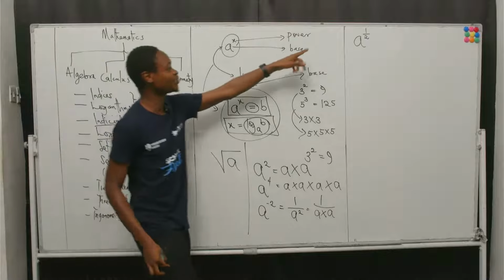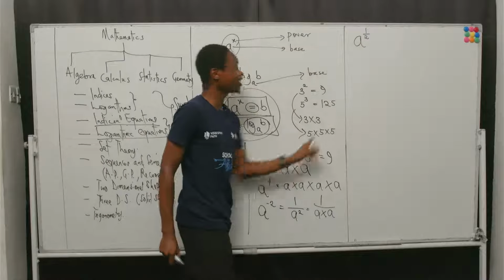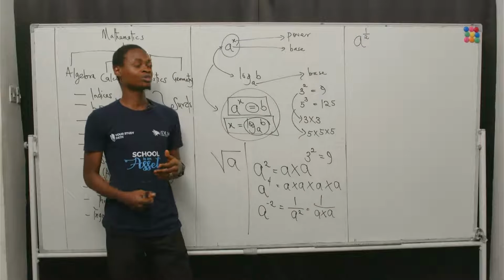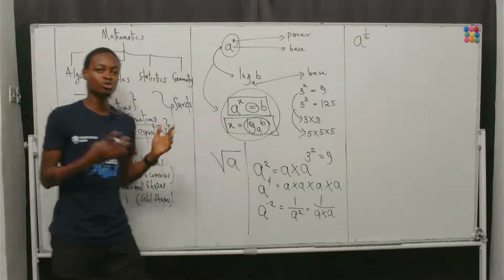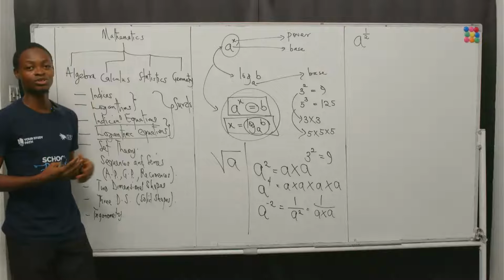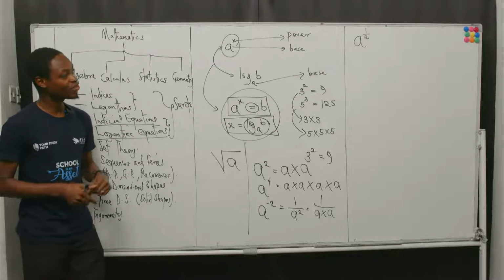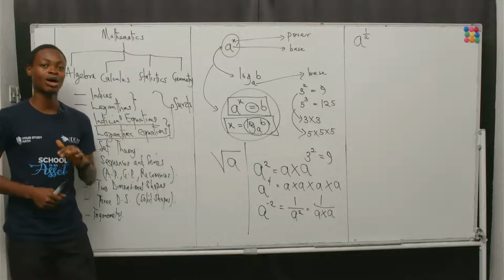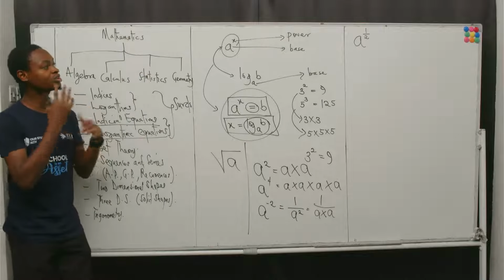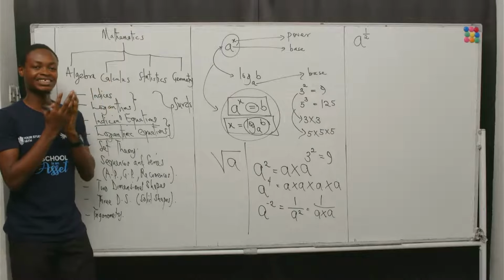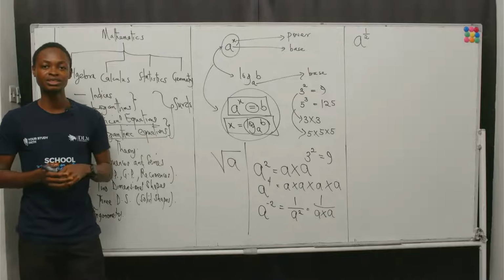Now, in this case, the power is no longer negative, but it is in fact a fraction. What do the rules or the laws of indices guide us towards? In this case, whenever we have a fraction as a power, we use the numerator and the denominator of that fraction as a representative of the base. What does that mean?